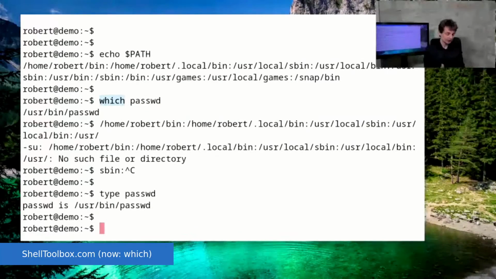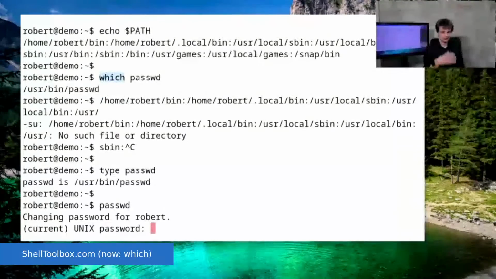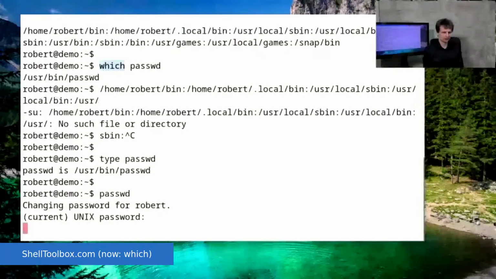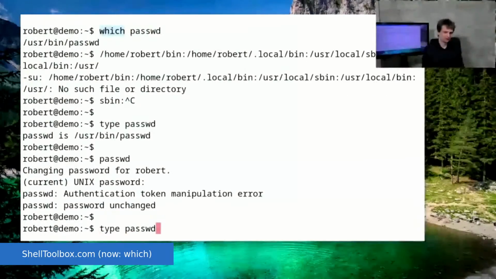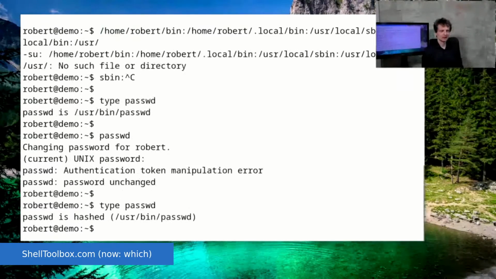So if I call passvd, it is started by the shell. Let's terminate this, I don't want to change my password now. And now if I call type passvd again, then I get a message: passvd is hashed as /usr/bin/passvd.